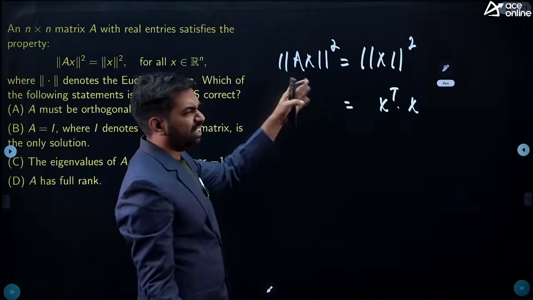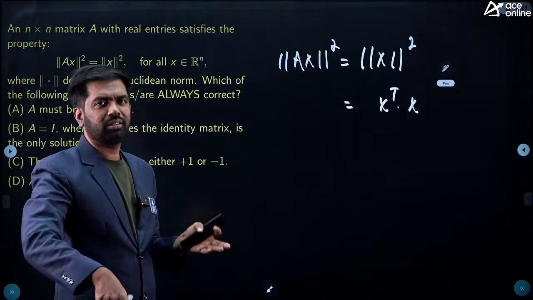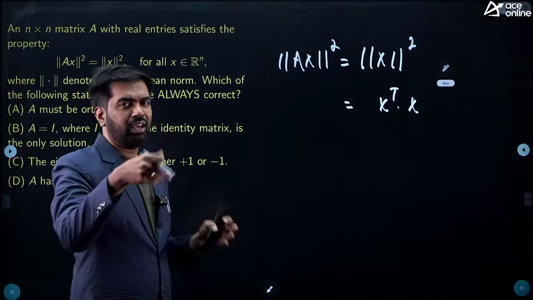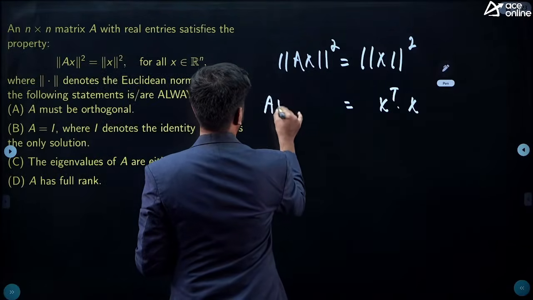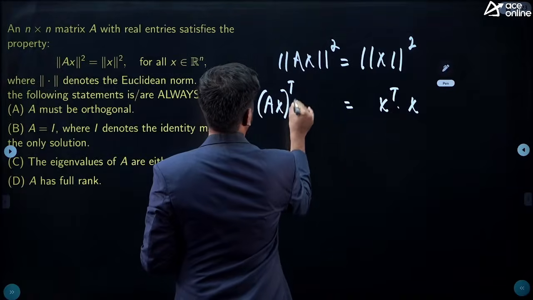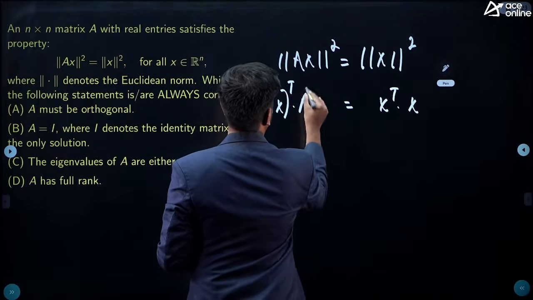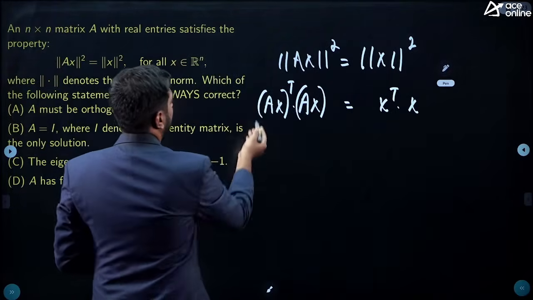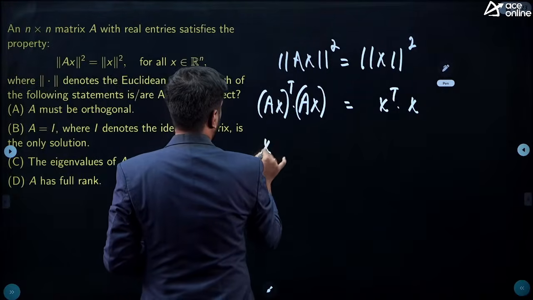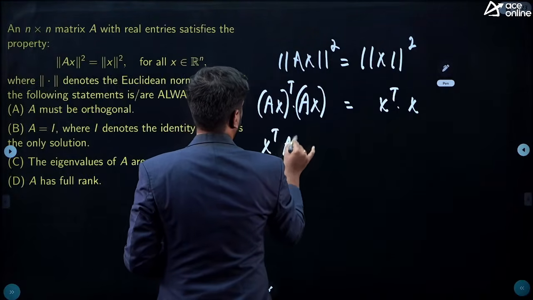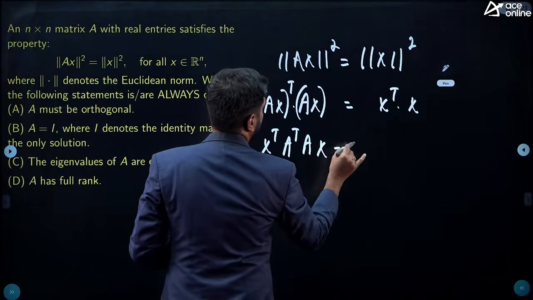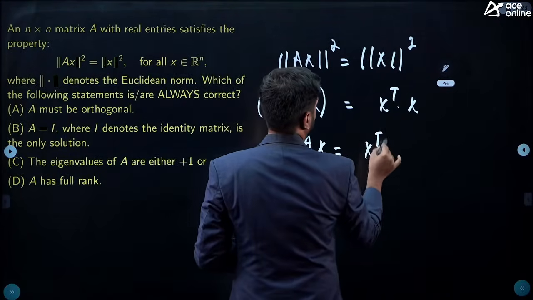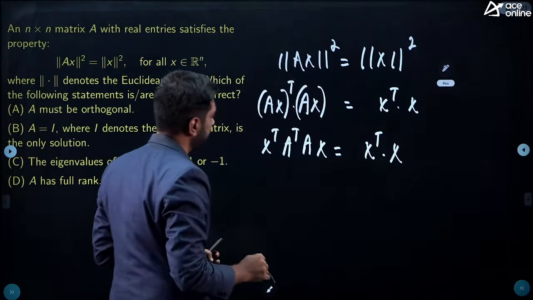Then this Ax is a vector, so this is also written as Ax transpose into Ax. And we know what Ax whole transpose is. Ax whole transpose is x transpose A transpose, and then you again have A, and then you have x, equal to x transpose x.